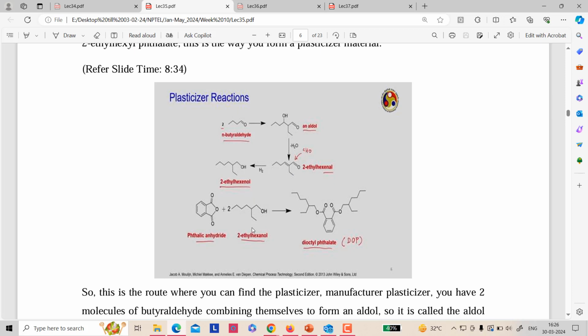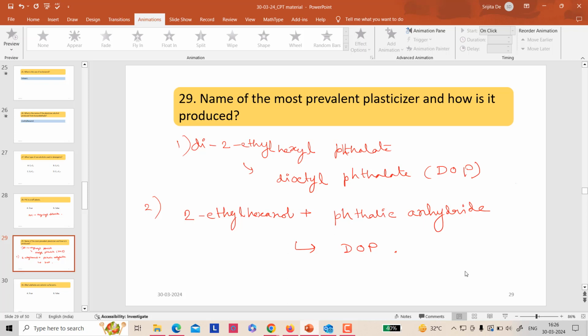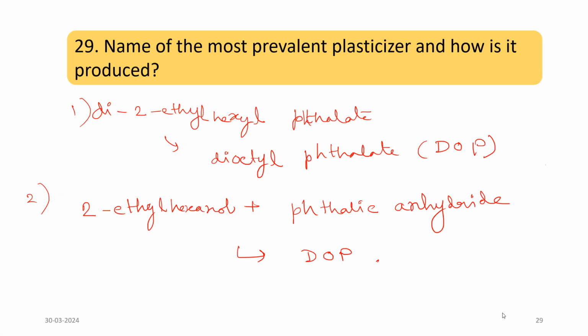Now this 2-ethyl hexanol reacts with phthalic anhydride and produces dioctyl phthalate, that is DOP. This is the reaction. If you write it with the structure or the chemical formula, the answer will be much more impactful.